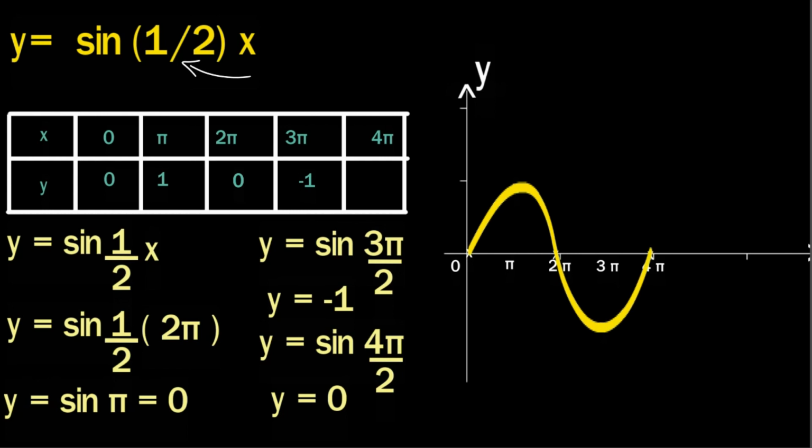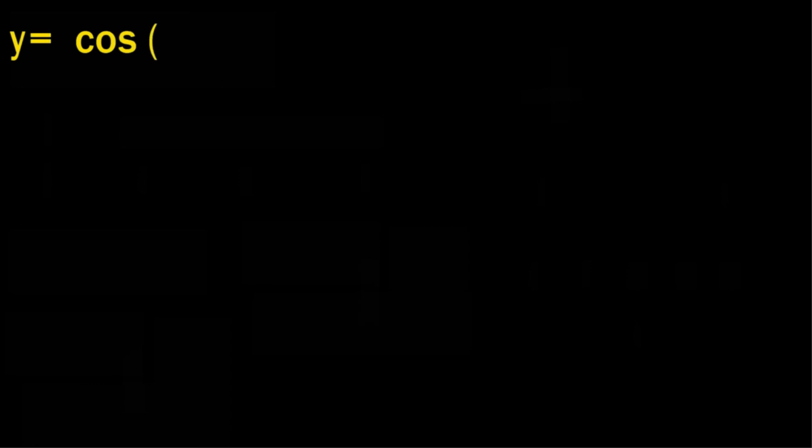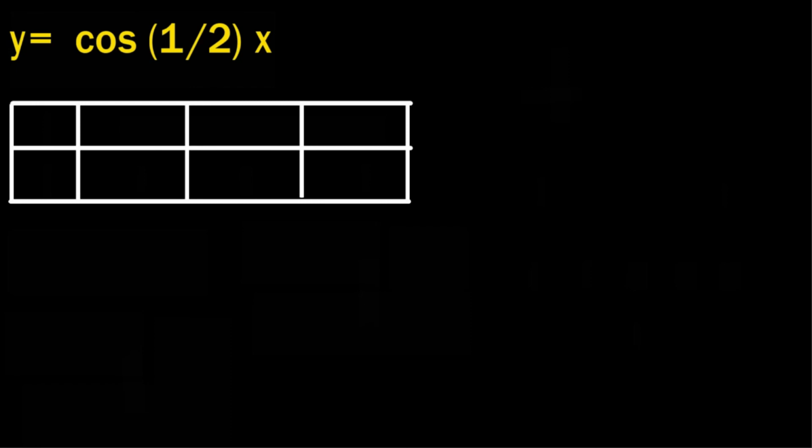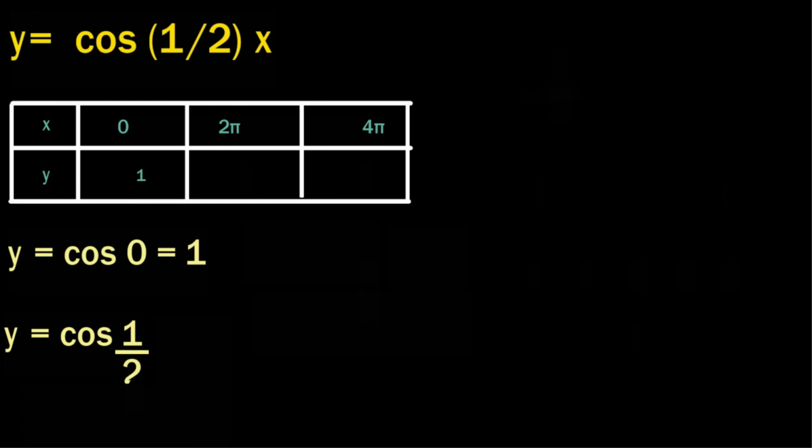Let's try another example for cosine. Now let's say we have y equal to cosine half x. Similarly, we draw out the table and take out our calculators. Let's say we have 0, we will get cos 0, which is 1. For cosine half x, let's say x is 2 pi.